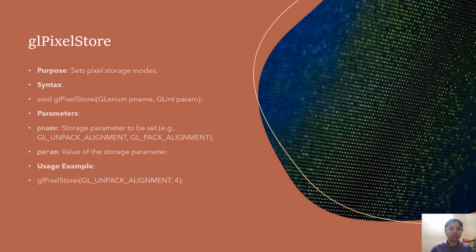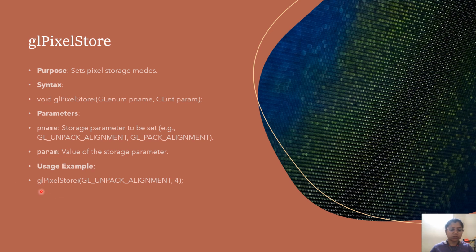Now let's see the glPixelStore function. The usage of glPixelStore is to set the pixel storage modes, and this is the syntax of how we can use it. Let's see the parameters. Firstly, pname is the storage parameter to be set, for example GL_UNPACK_ALIGNMENT or GL_PACK_ALIGNMENT. Param is the value of the storage parameter.